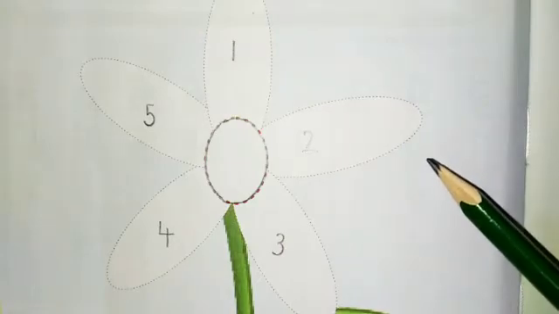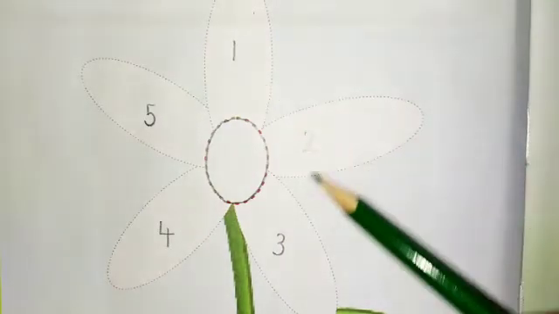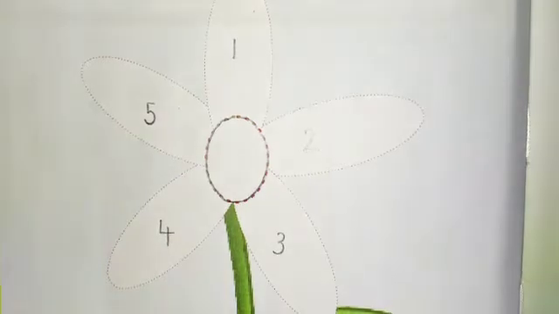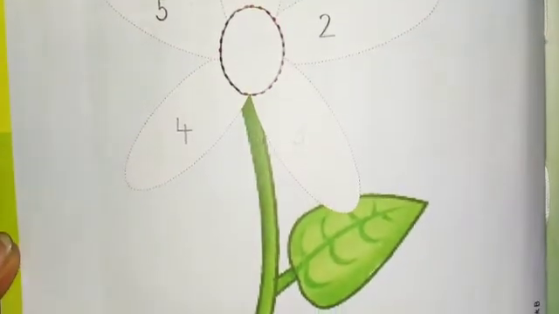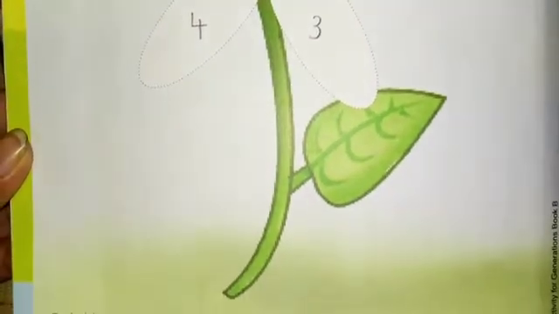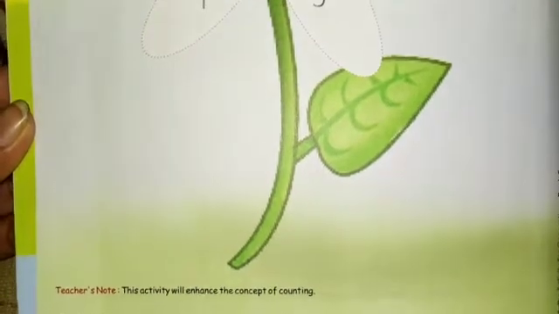This flower has 5 petals. 1, 2, 3, 4, 5. This way you will do this activity on page number 8.